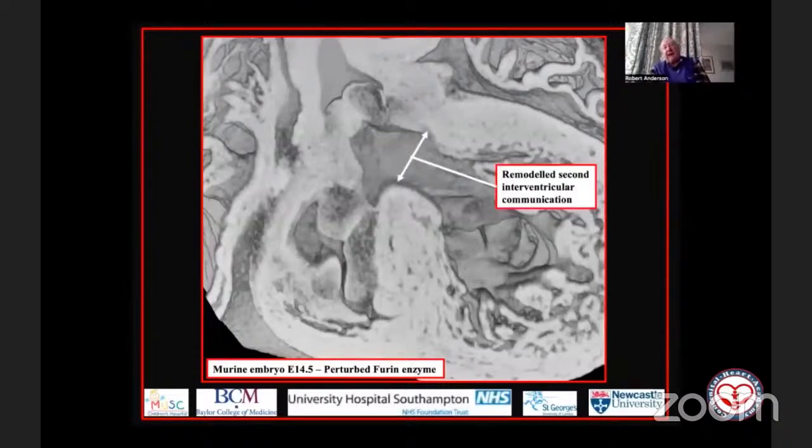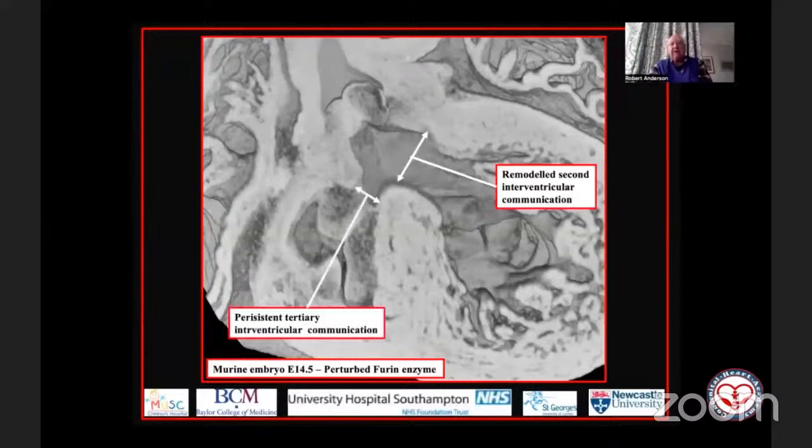So now you see how the secondary interventricular communication is becoming the left ventricular outflow tract, but in this mouse, because of the perturbation of the furin enzyme, the tertiary interventricular communication could not be closed. And so this is now persisting as a perimembranous ventricular septal defect.